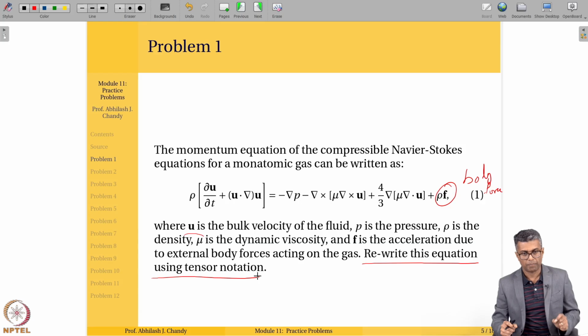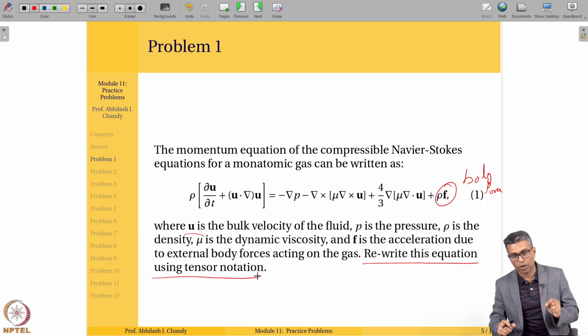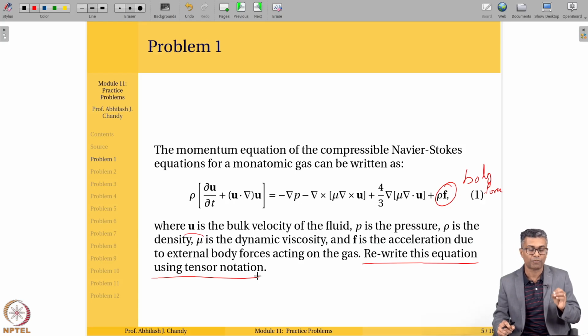Remember, everything is given in vector notation. In the cross product, we will have to convert it into the appropriate notation for index notation. Same thing for dot product. Derivatives, we will have to use accordingly. It looks like dynamic viscosity is not a constant. It's a function of probably space.